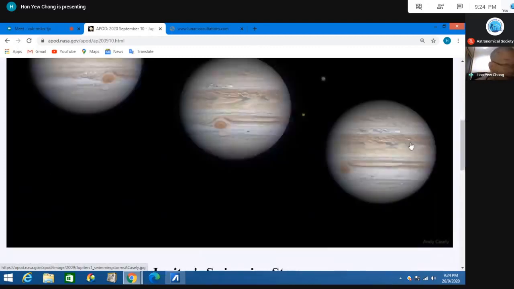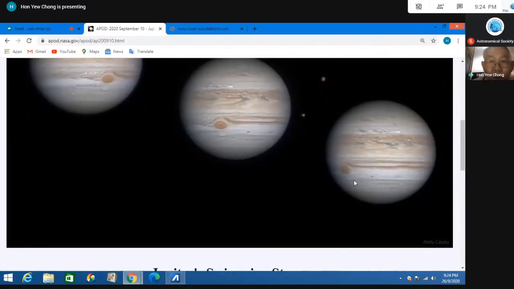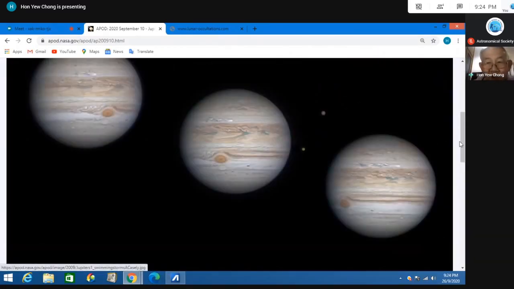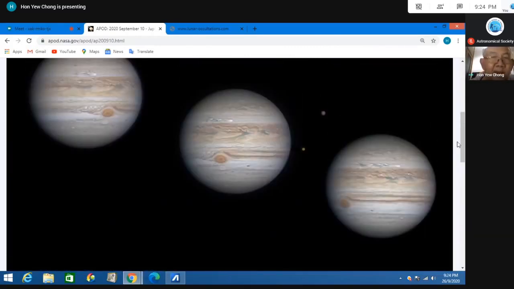So this is Andy Casely, the amateur astrophotographer again from Australia, and he specializes in what? Planet images. So Mr. Andy Casely from Australia is a planetary imager. He images Jupiter, and you can see the details of Jupiter and also this storm brewing, just this thing here. So there are people in the world that focus mainly on Jupiter.